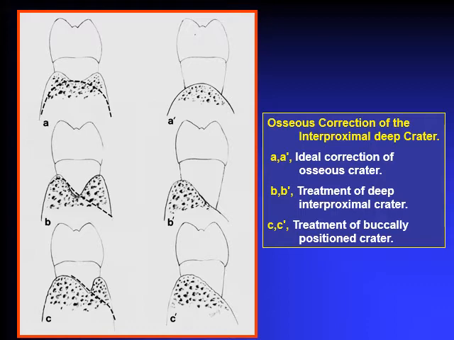And this is in B dash, when we remove the lingual part of the crater, or lingual bone. See in C, this is another shape of a crater where it is tilted lingually, and we remove only the lingual bone of the crater.